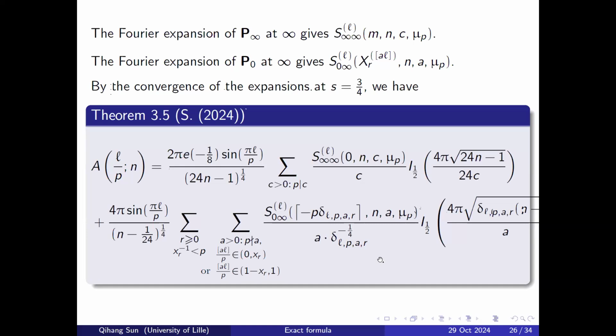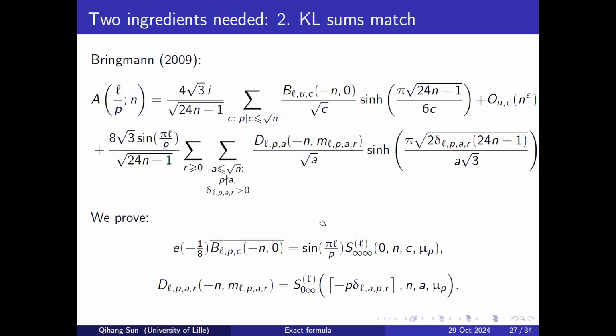If you remember a little bit about the asymptotic formula by Bringmann in 2009, you can see those formulas are very similar to each other. They also have the first term and the second term, summing over R, but we use different notations. The second question is, are these two formulas equal to each other? I mean, every expression here should be the same as before.